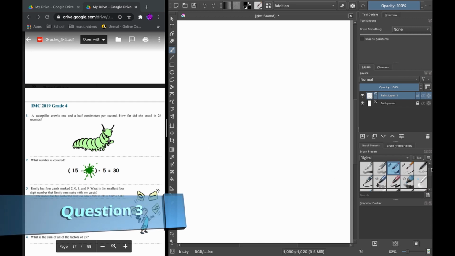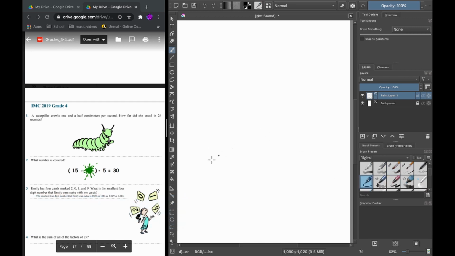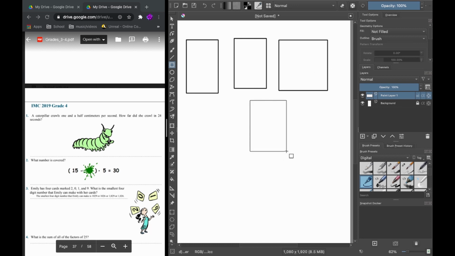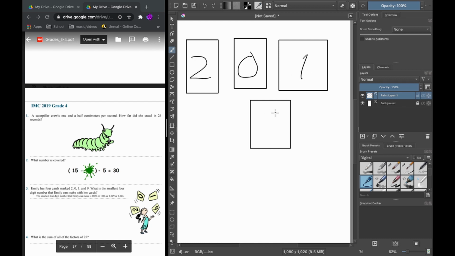Next question, number 3. Emily has 4 cards marked 2, 0, 1, and 9. So I'm going to make some cards: 1, 2, 3, and 4. So that's 2, 0, 1, and 9.